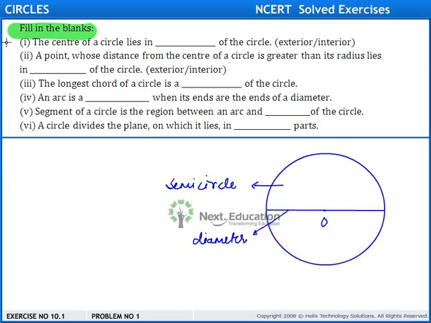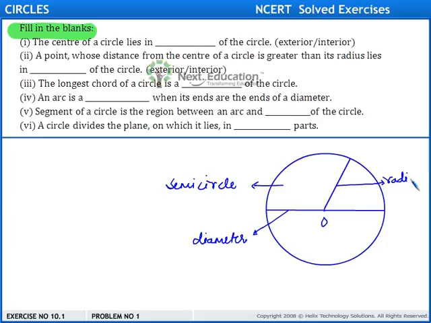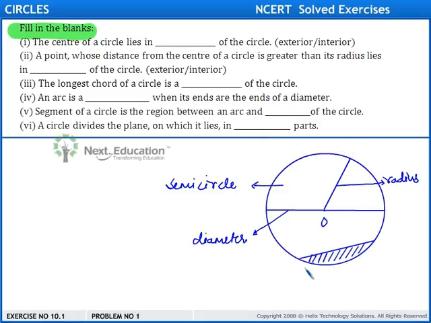Now, any line which joins the center of the circle to any point on the circle is called its radius. And if we join any 2 points of a circle, then this part is called the segment of the circle.